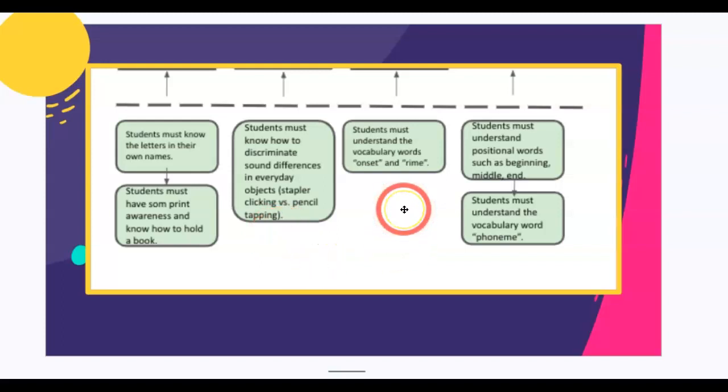Are they able to understand what onset and rhyme vocabulary words are actually meaning? Are they able to understand positional words, such as where is the position of the beginning sound, middle sound, and ending sound in the word? And what does the vocabulary word phoneme mean? So when we're asking them to identify a phoneme, do they even know what that is asking them to do?